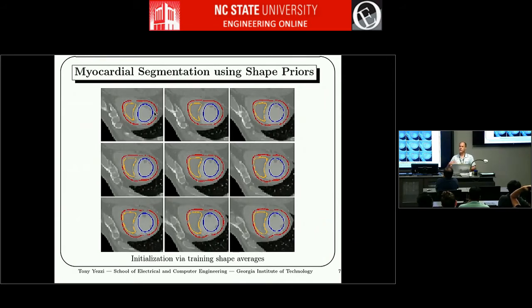And we initialize just using the average from our training examples, and now we solve a finite dimensional optimization problem. We want to fit this to the data using as our parameters pose, so we're allowed to translate, rotate, and scale these, as well as the shape parameters that we got from our PCA. So it's not incredibly small, but it's not a huge vector either of parameters that we optimize over.